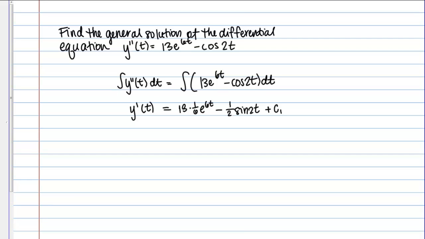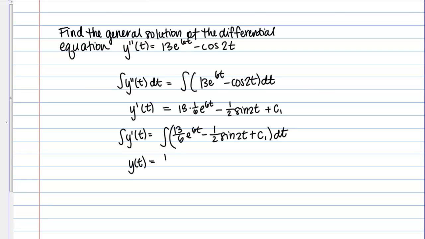So now I'm just going to do the same thing again to find y of t. I'm going to integrate both sides of this equation. So I'm going to be integrating 13/6 e to the 6t minus 1/2 sine of 2t plus c1. If I integrate y prime of t, I get y of t.